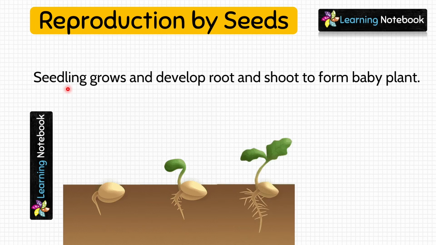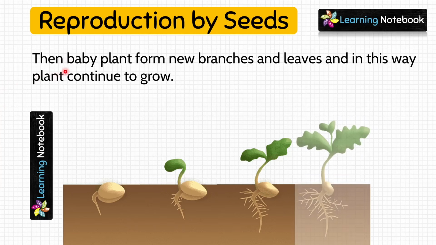Then this seedling grows and develops root and shoot to form baby plant. Like here, the seedling has grown and it has developed more roots and shoots to form baby plant. After this, the baby plant forms new branches and leaves, and in this way, the plant continues to grow.